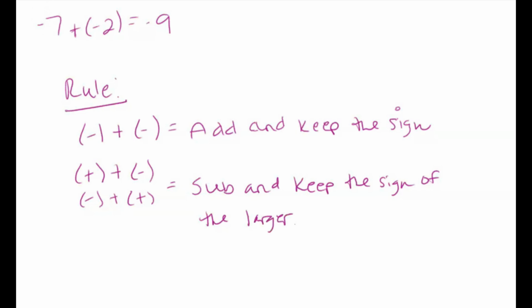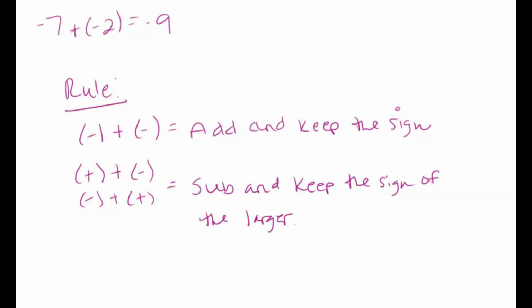All right, so you're going to see 2 instances here, and so our rule is going to apply to either. I did not include if you just have a positive plus a positive, of course that's going to be a positive. And I do think that there's a few of those in there. I wanted to give you a generic rule. All right, so let's go ahead, let's dive in.